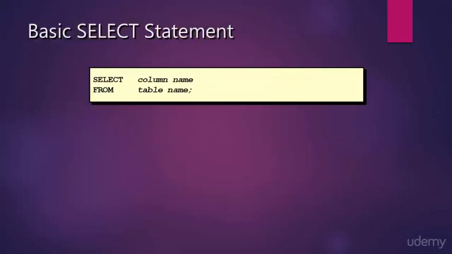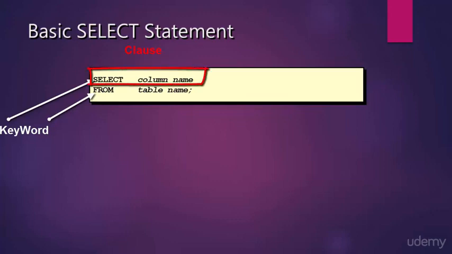Now here is the basic SELECT statement. You can see the keyword SELECT. Now here is the concept. This word SELECT, just SELECT, is a keyword. Also this word FROM, just FROM, is a keyword. But when we write SELECT column name, then it is a clause.